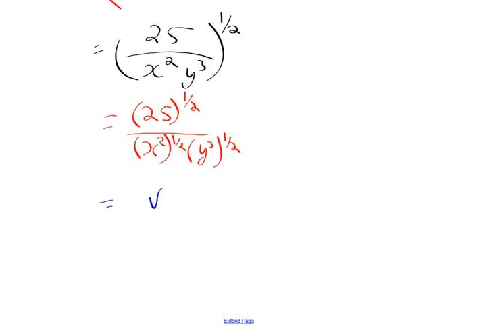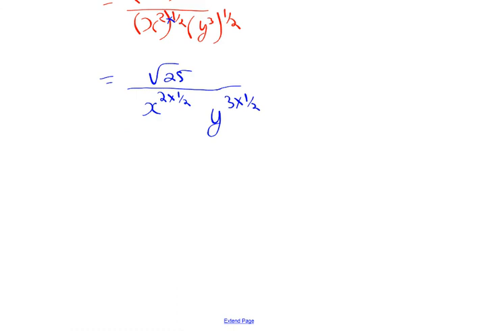So we got square root of 25 over. Multiply the exponents. 2 times 1/2. And y to the 3 times 1/2. Don't need to show me that step if you can actually multiply in your head.